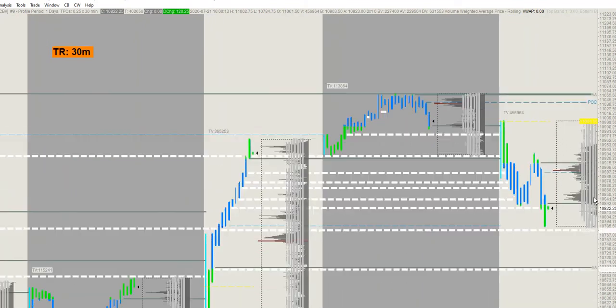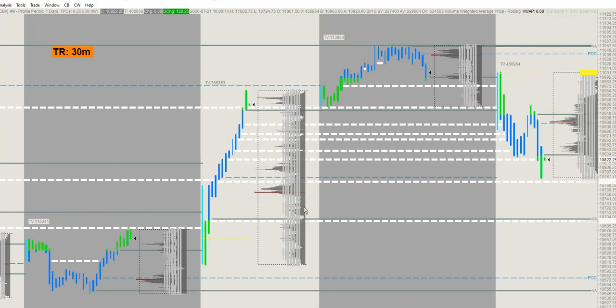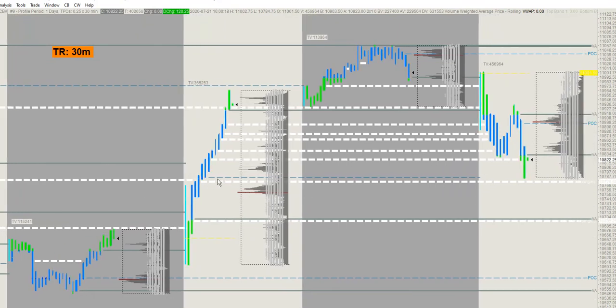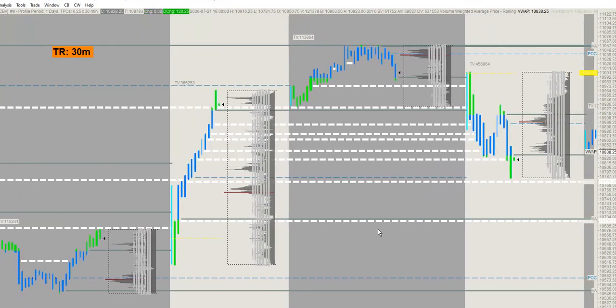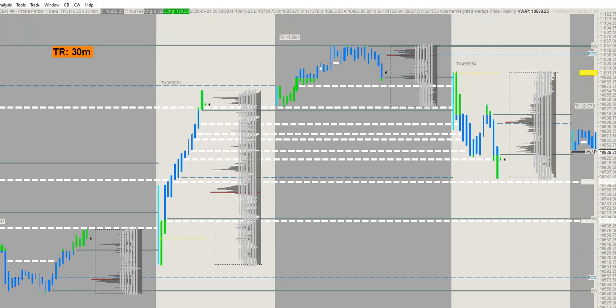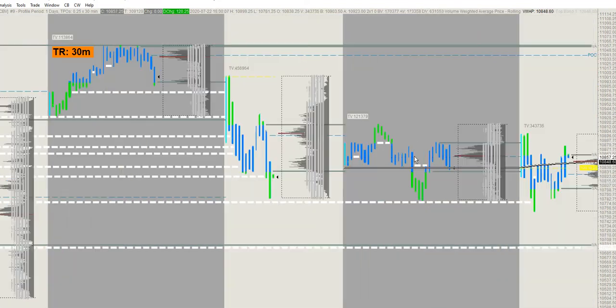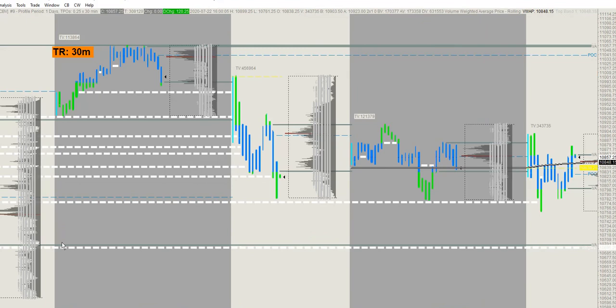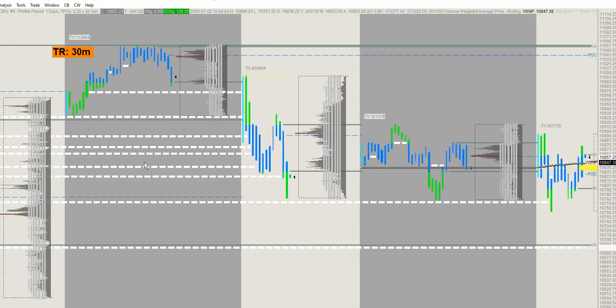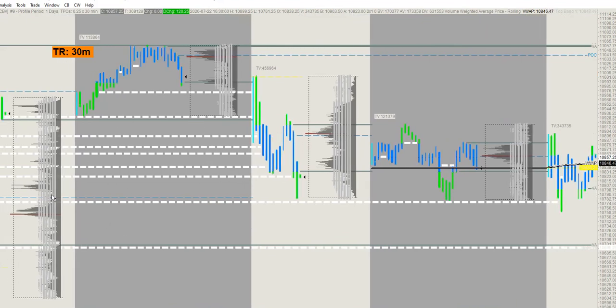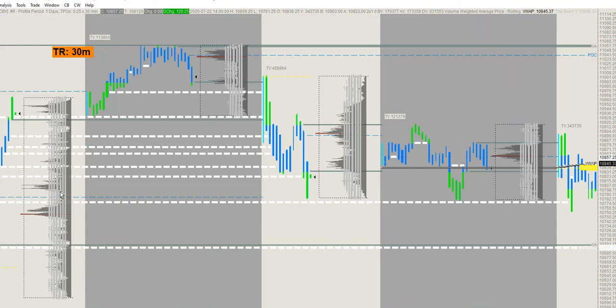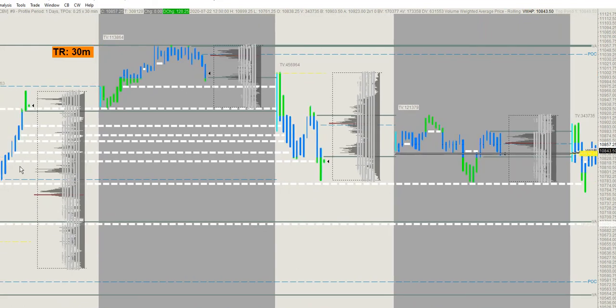Look at all these single prints we had. This was totally crazy structure. When you have all these single prints and then the fact that we closed most of them within 1 or 2 days, that was a crazy day there, July 20th. It just proves how NASDAQ was basically fear of missing out, very aggressive buying this day.